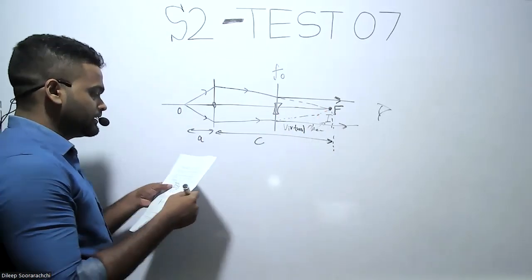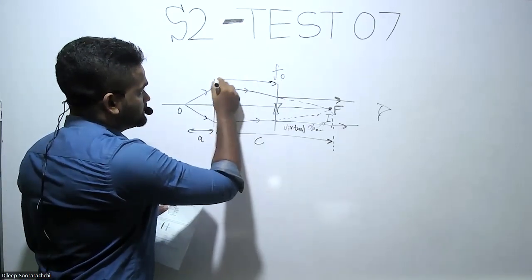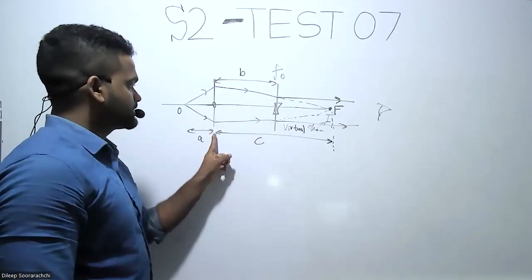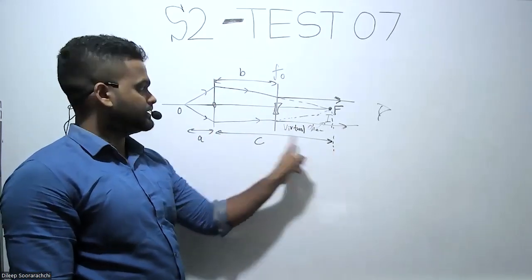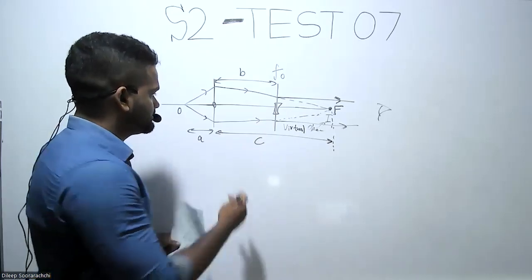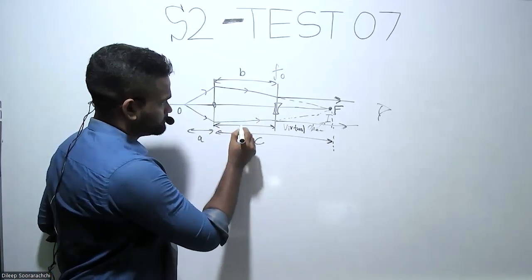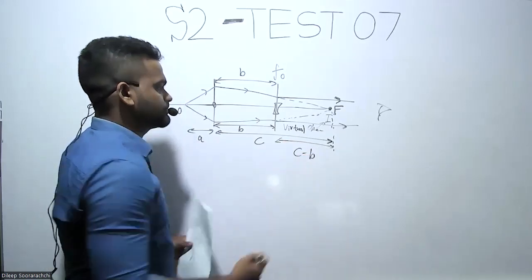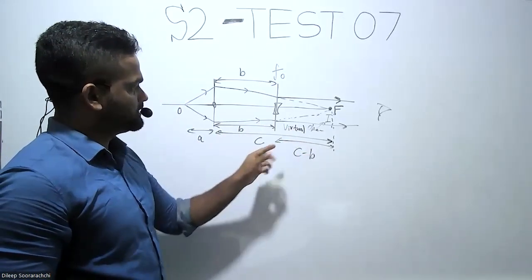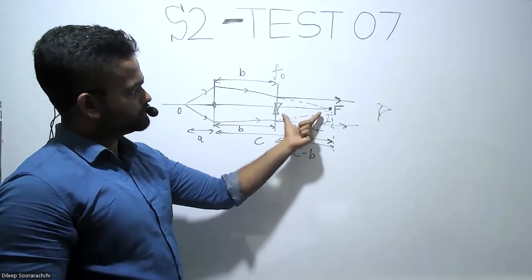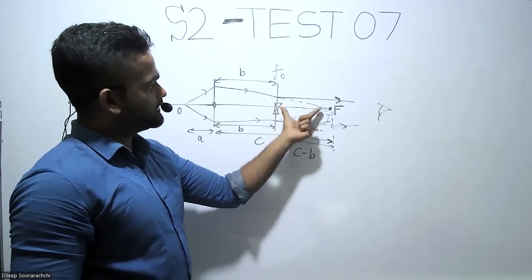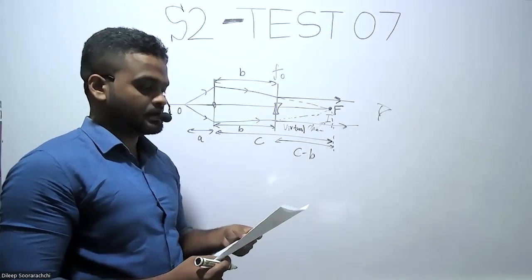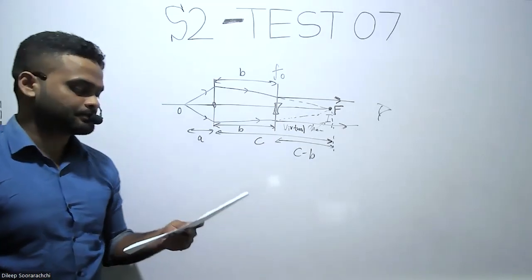And they further have given the distance between the two lenses. Distance from here to here is C, from here to here is B. So the distance from here to here is C minus B. That is equal to the focal length of the concave lens. So the answer should be the fifth one, right?